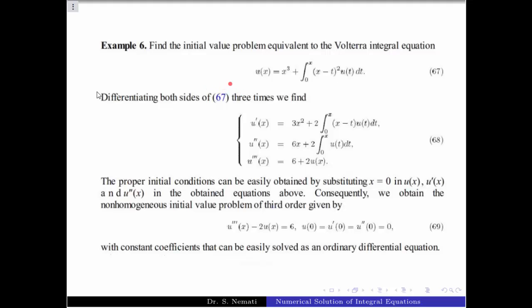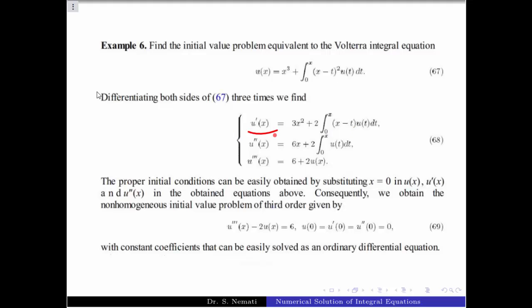The next example is also a Volterra integral equation, and we are supposed to transform it to an equivalent initial value problem. So we take the derivative from both sides, differentiating one time. We have u prime of x equals 3 times x squared plus 2 times the integral.